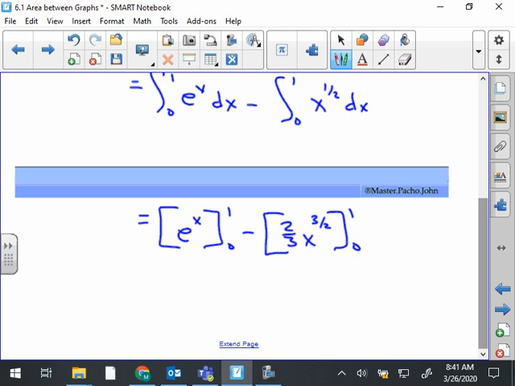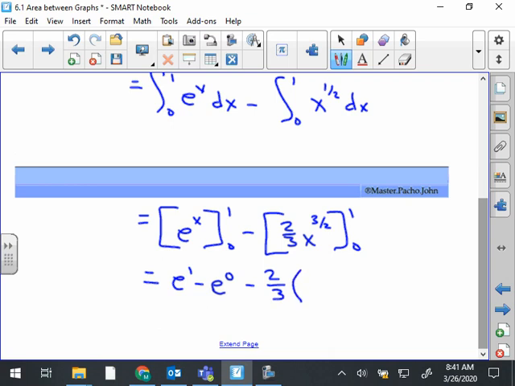All right, so let's evaluate these. So here we get e to the 1, e to the first, minus e to the 0. And then here, let's pull out this constant here.